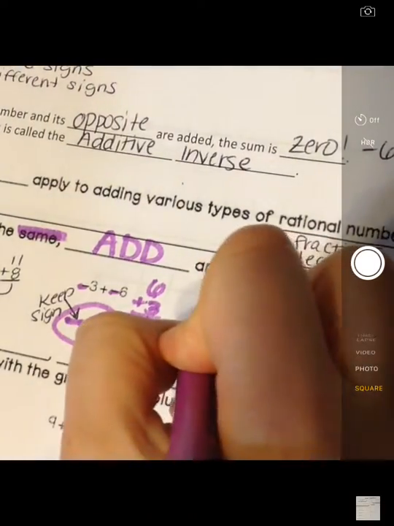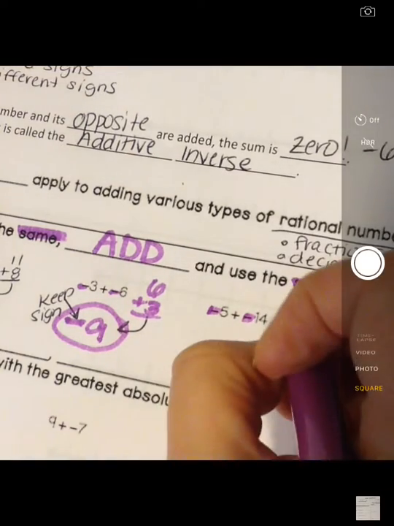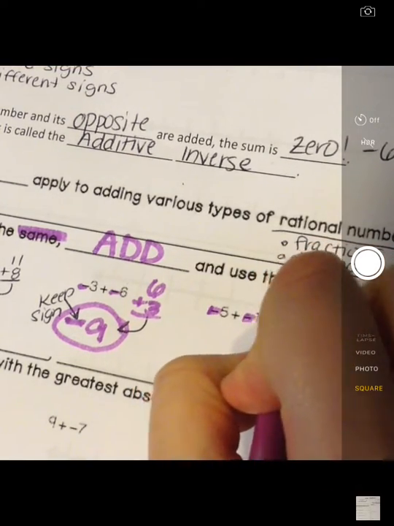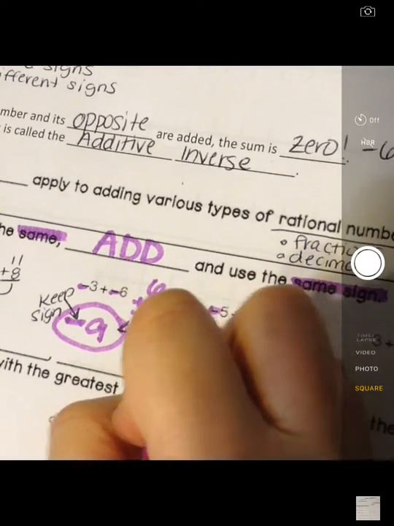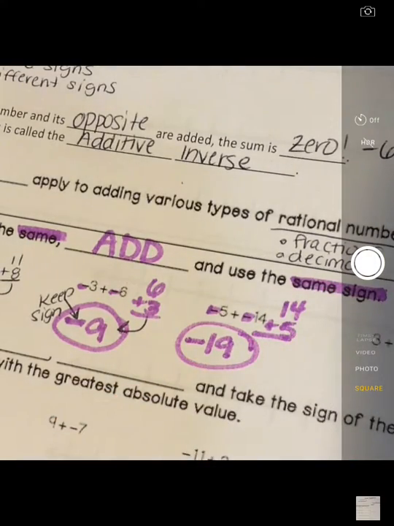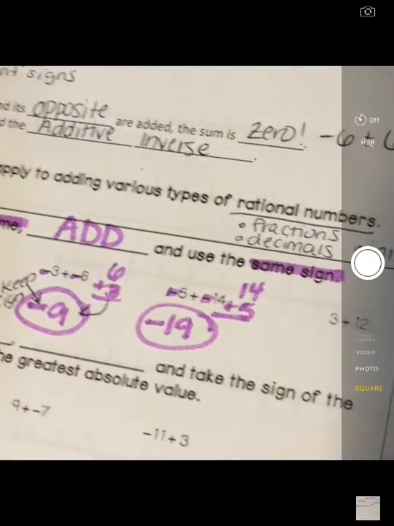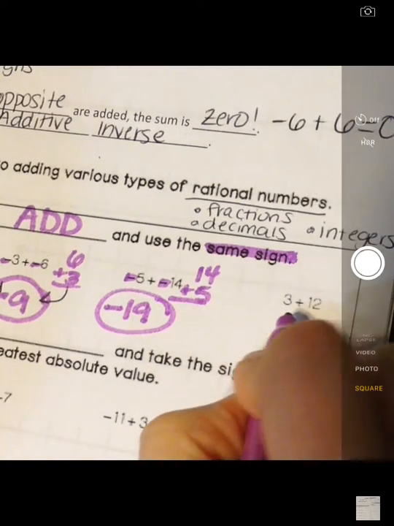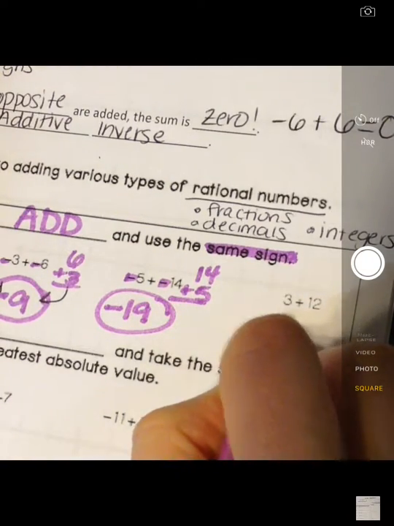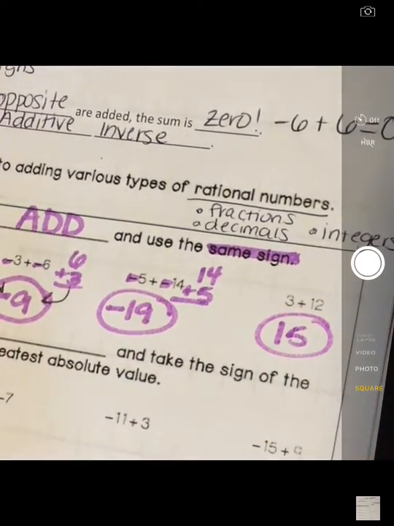Same signs, add, and keep. So 14 plus 5 gives me 19, and then keep the sign. Regular addition, they're both positive, so 3 plus 12 is simply 15. So same signs, add, and keep.